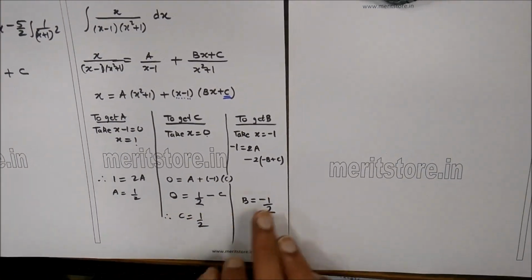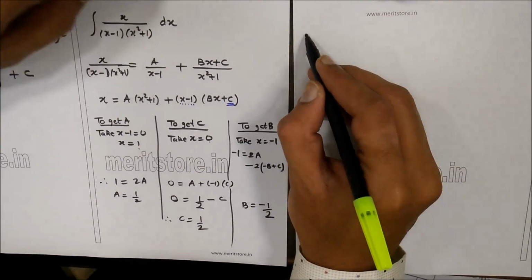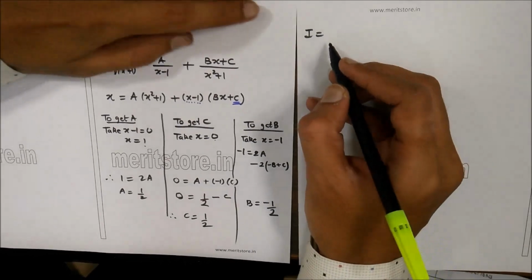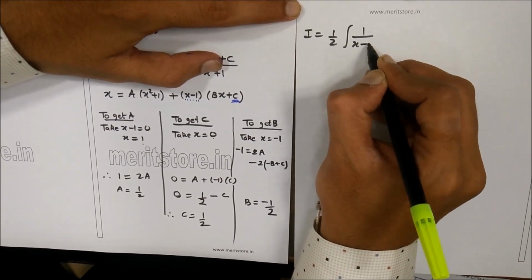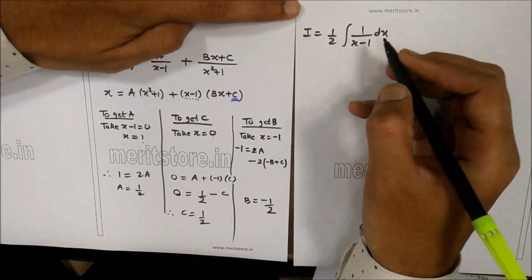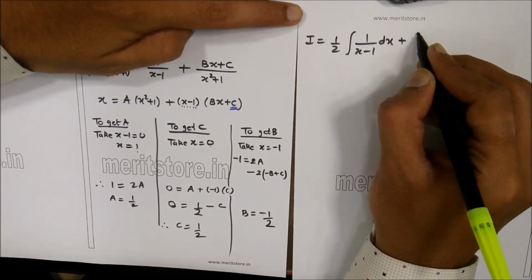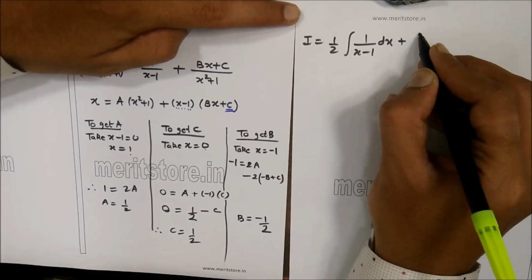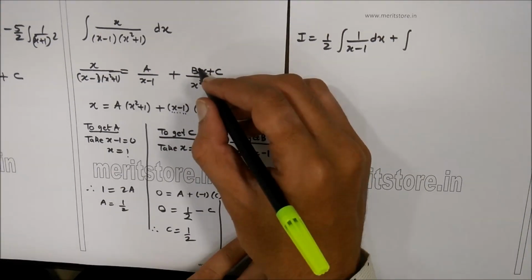Taking the values of a, b and c, the integral will convert to integral of 1 by 2 of 1 upon x minus 1 dx plus integral of bx plus c.